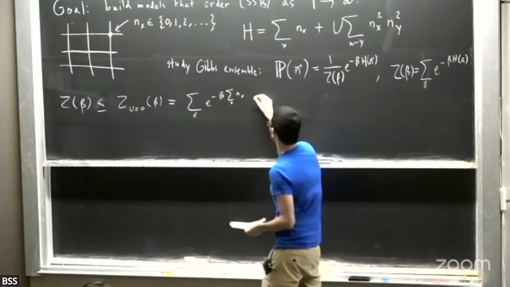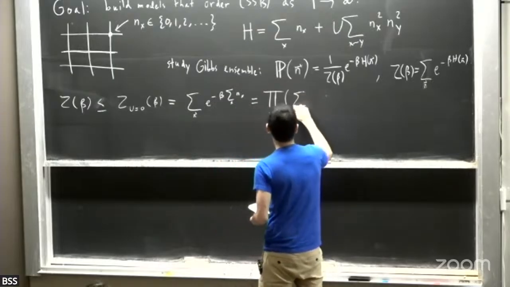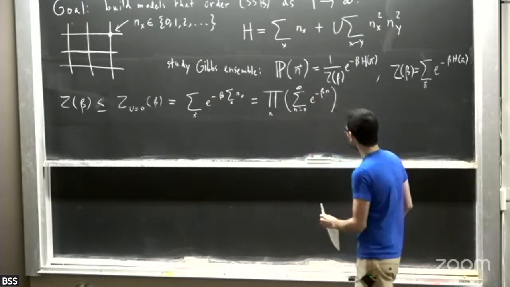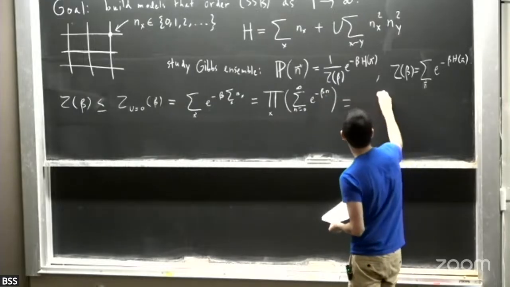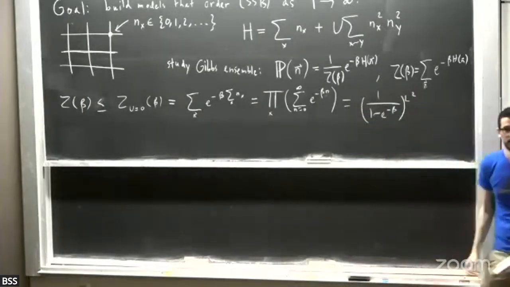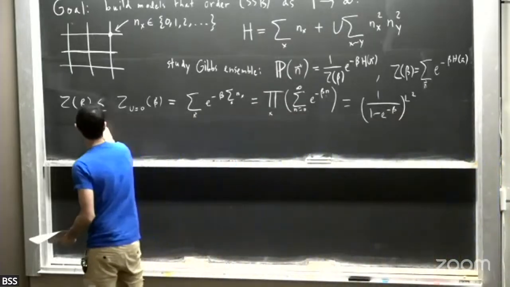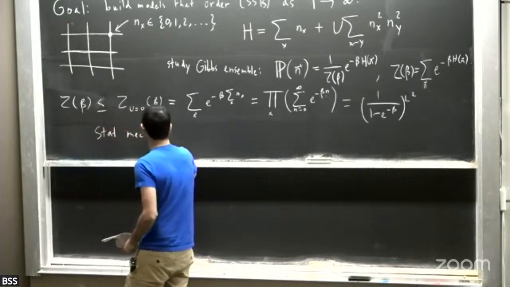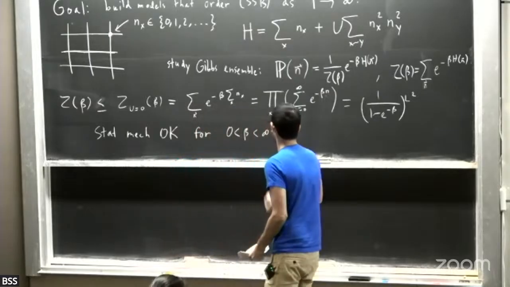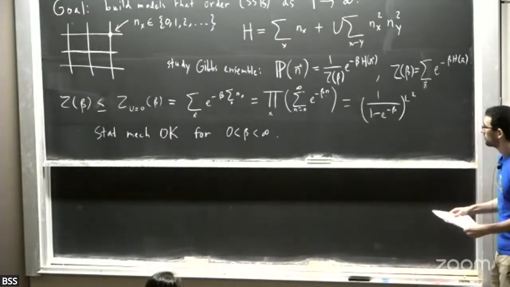This is just the product over all of my lattice sites of the following geometric series, which, on an L by L lattice, would be the following expression, which is finite. So it makes sense to talk about the statistical mechanics of this model at any beta larger than 0. And beta equals infinity is also fine if you want.